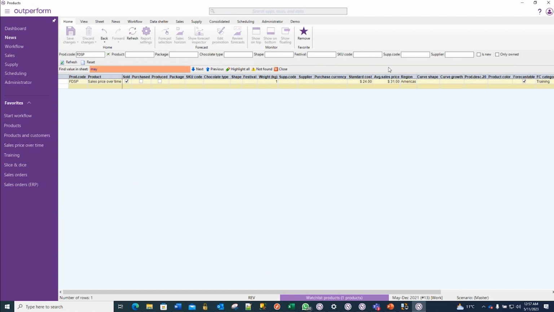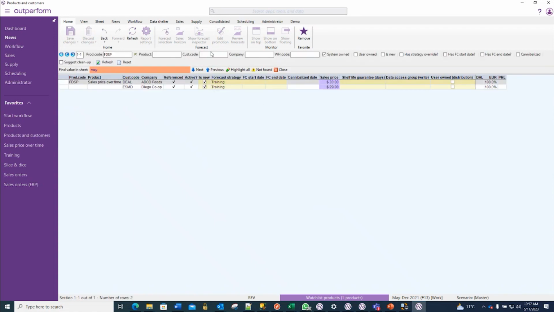There's the average sales price of 31, but the average sales price may be refined for the individual customers. And the individual customers, DEAL or ABCD Foods is buying it for 33, and Jago Co-op is buying it for 29.